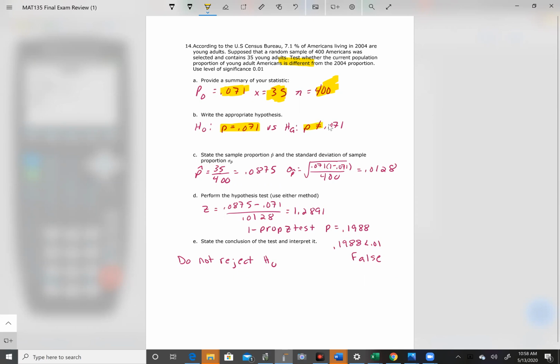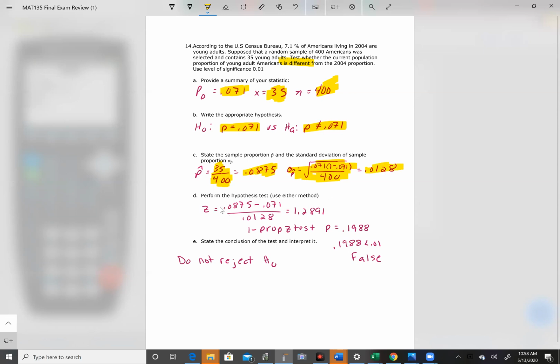So the alternative hypothesis is that it is not equal to that. State the sample proportion p hat and the standard deviation of the sample proportion. So p hat is going to be 35 over 400. And our standard deviation of the sample proportion, same equation that we've been using, is going to be 0.0128.